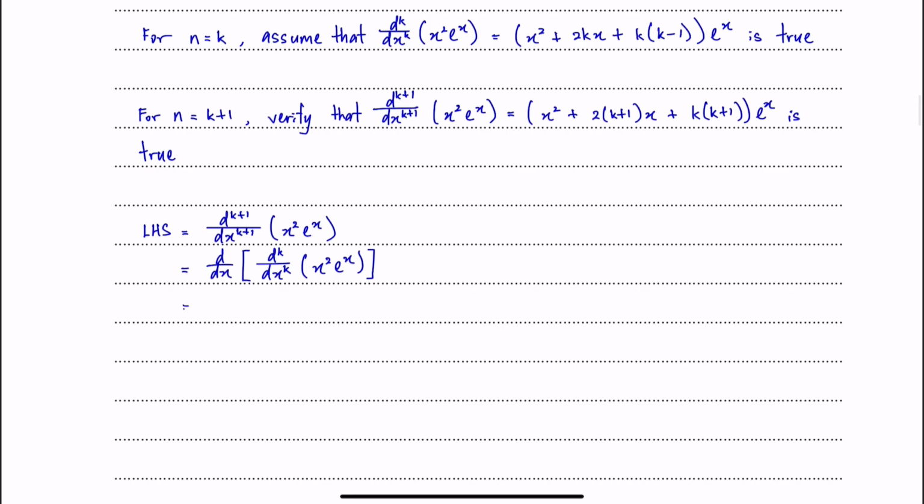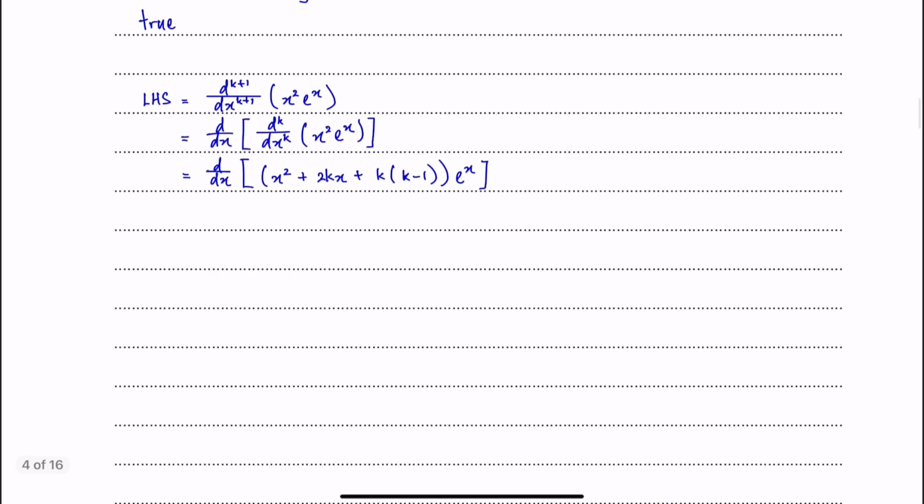So what we do is, since we assume that it is true, we sub it in. And now we just need to differentiate this one. And it's pretty easy.